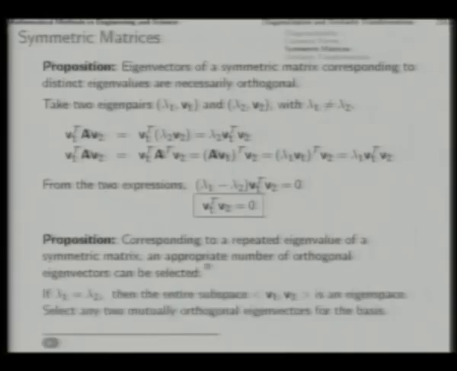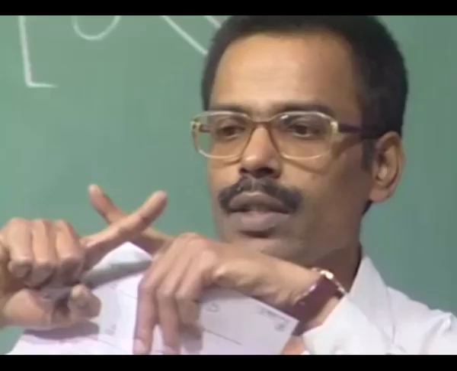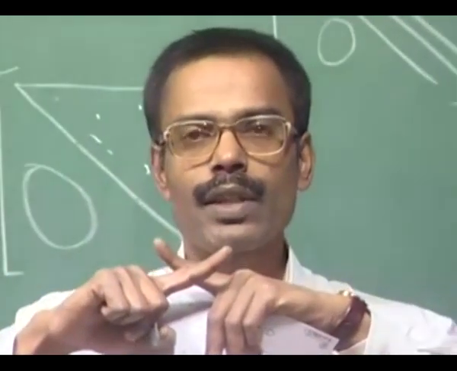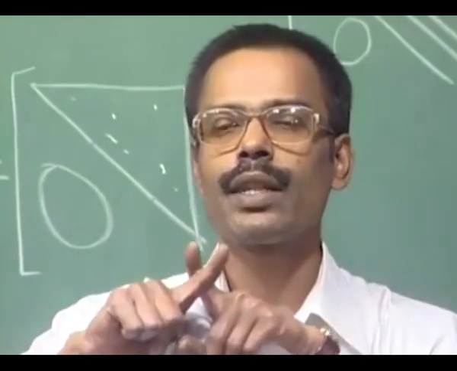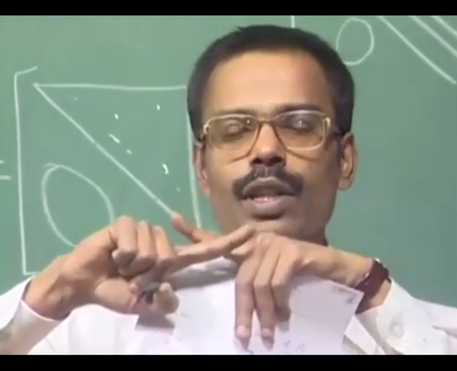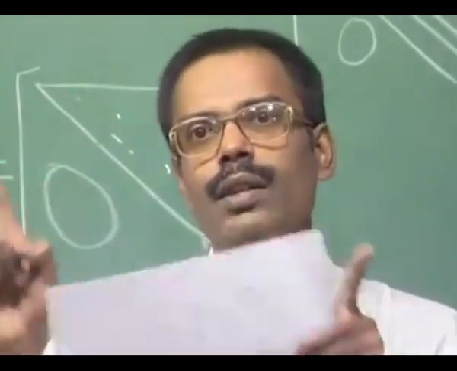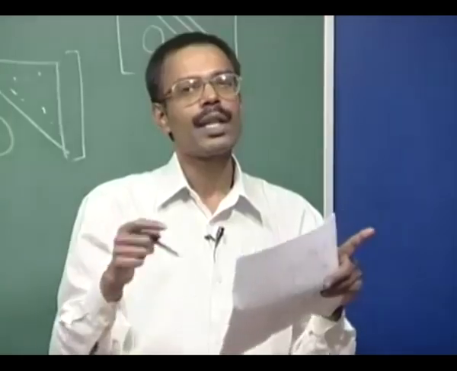What is the idea behind it? If lambda 1 and lambda 2 are same, unlike this case, then the entire subspace of V1 and V2 is an eigenspace. So, if there are two vectors which are eigenvectors corresponding to the same eigenvalue, then it is not necessary that they are orthogonal, but then the entire plane formed by them is an eigenspace.